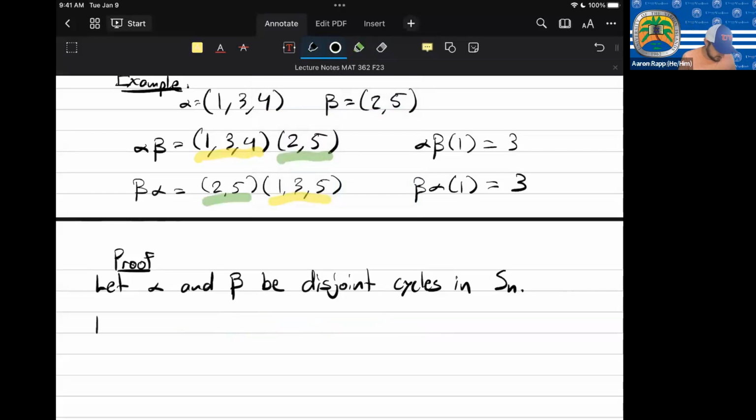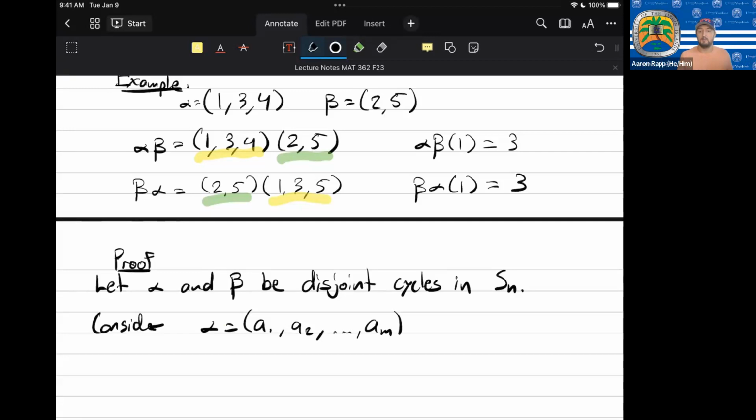Say alpha takes just some amount of elements from Sn, and it's going to say it's A1 through AM.